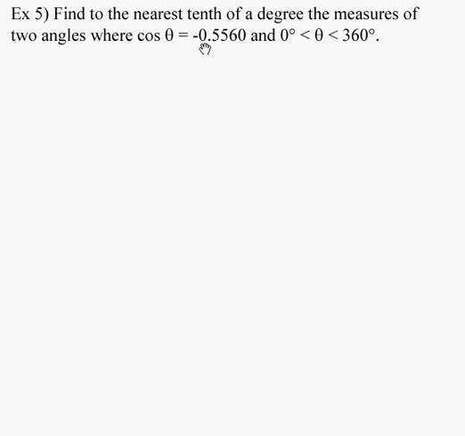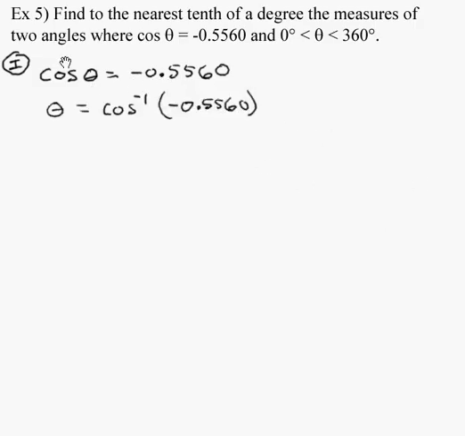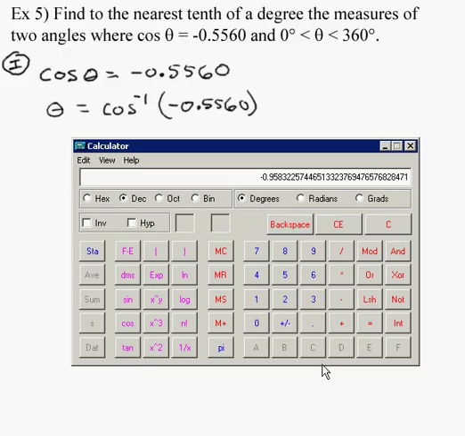First of all, cosine is negative. So where is cosine negative? Well, we'll think about that while we start writing the problem out. So cosine of theta is negative 0.5560. We want to take the inverse cosine of both sides. So let's take our trusty calculators here. Let's clear that out. Let me type 0.5560. Now that's positive, so I need to be careful.